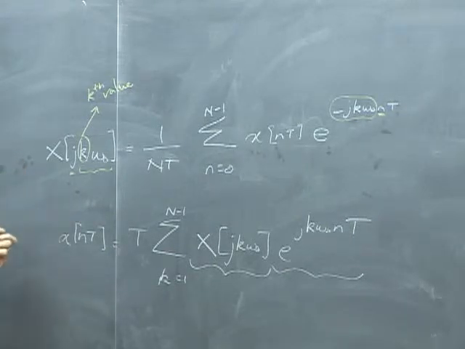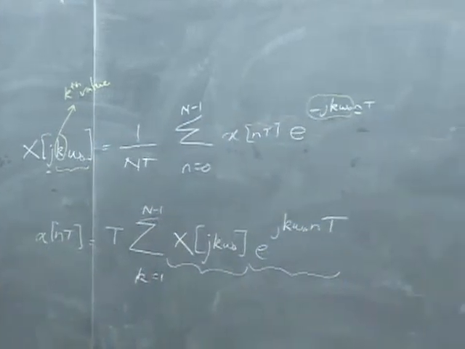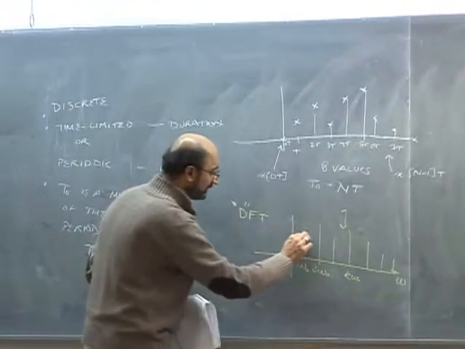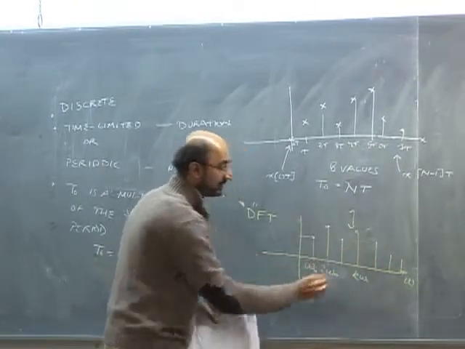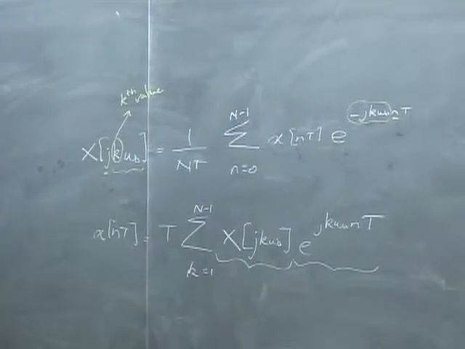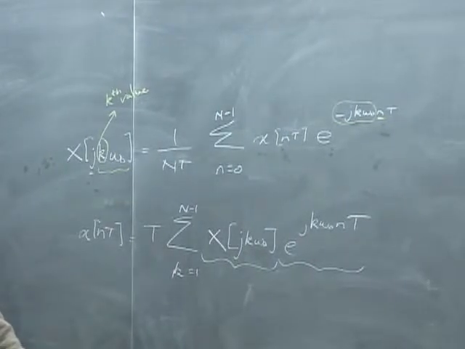So we have to do this for each different value of k, because that's what the transform is. In some sense, we are computing this value over here. The amplitude over here is the value of the transform. These are the transform values, and that's going to be given by X[k omega naught]. Okay, intuitively, that's what we're doing over here. Any questions about this over here?